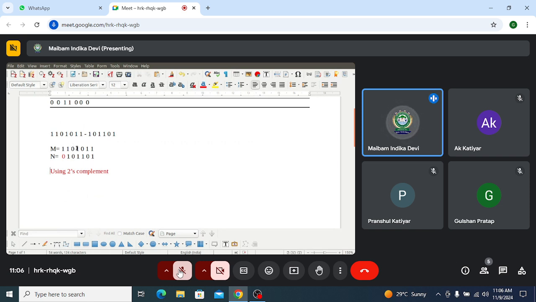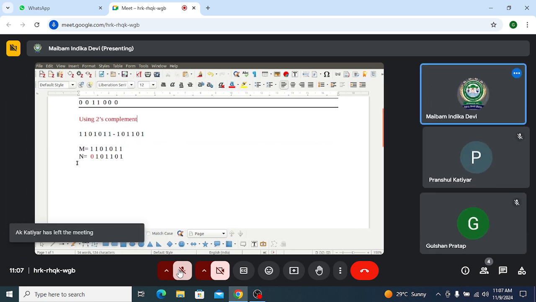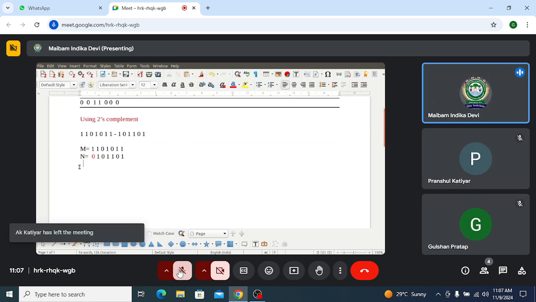Since we have an equal number of digits, now using two's complement, you are going to do the subtraction. Step 1: take the two's complement of n. So what is the two's complement of n?